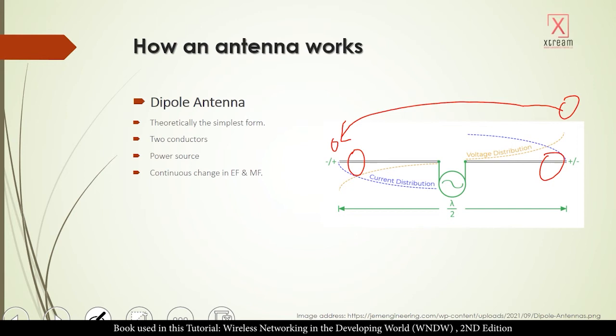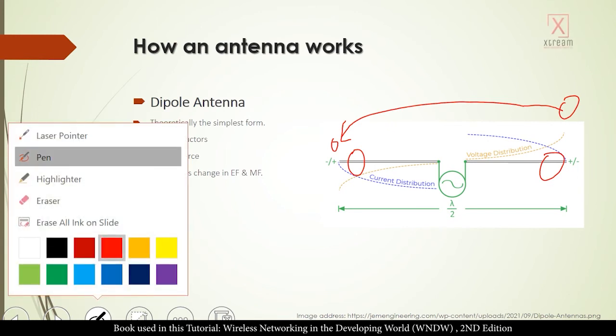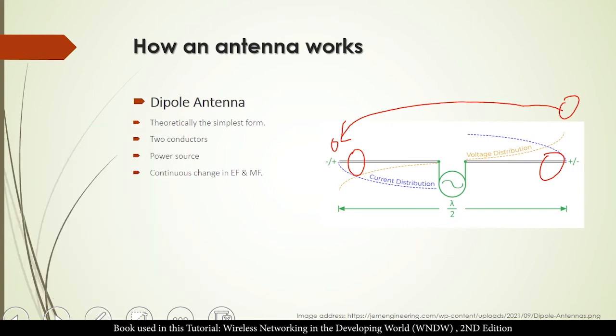So when these charges move, they produce a magnetic field, and the combination of that magnetic and electric field produces electromagnetic waves. So continuously, when the charges move along this path and along this path, the continuous movement of these charged particles will create electromagnetic waves.